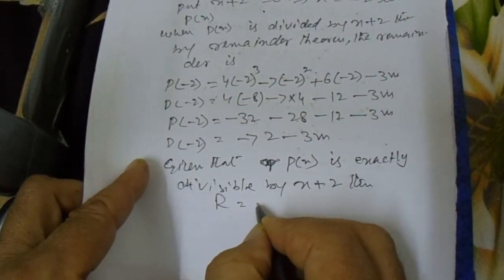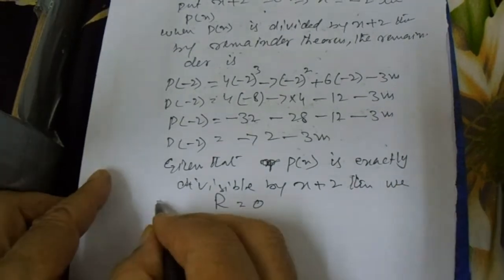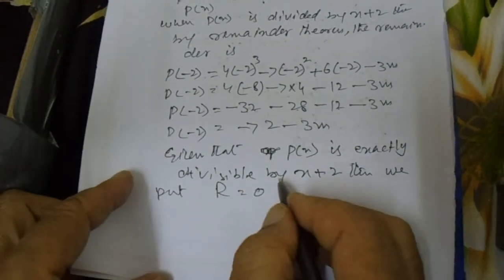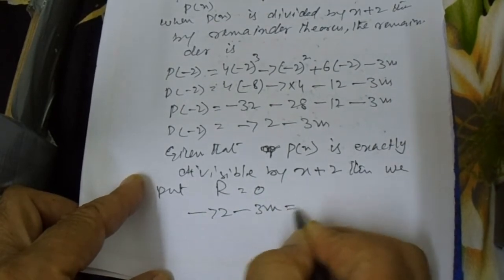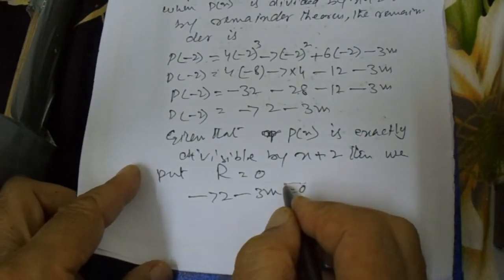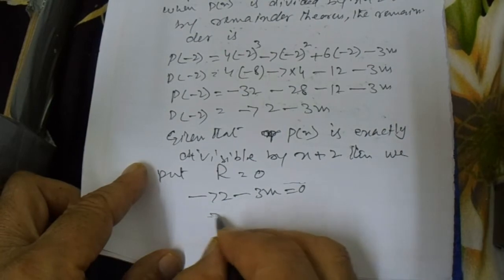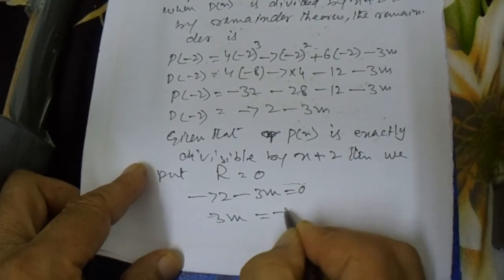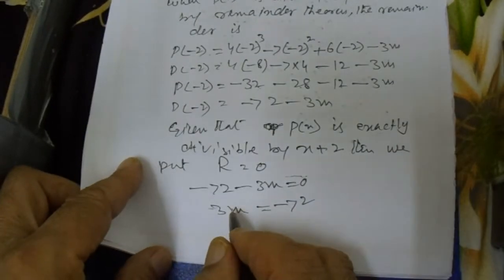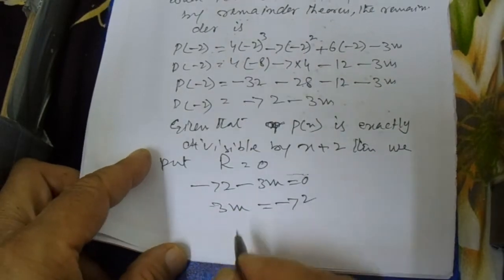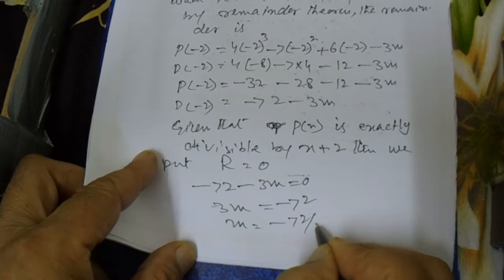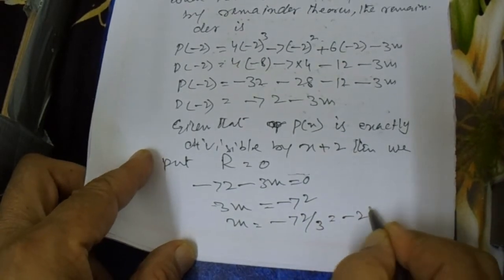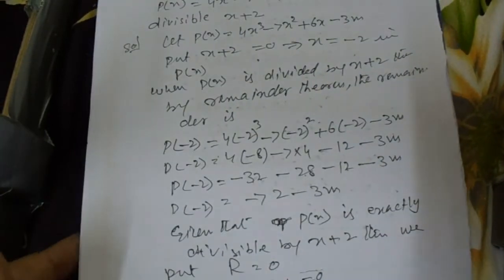Put r equal to 0. Now we have −72 − 3m = 0, and 3m = −72, and also m = −72/3 = −24. Now m = −24.